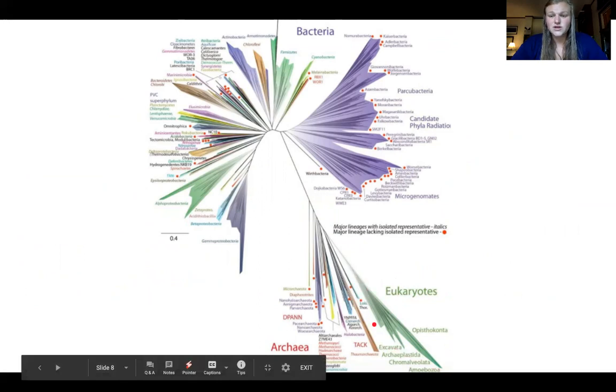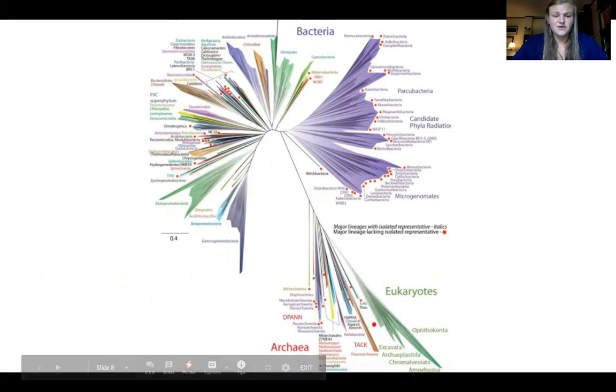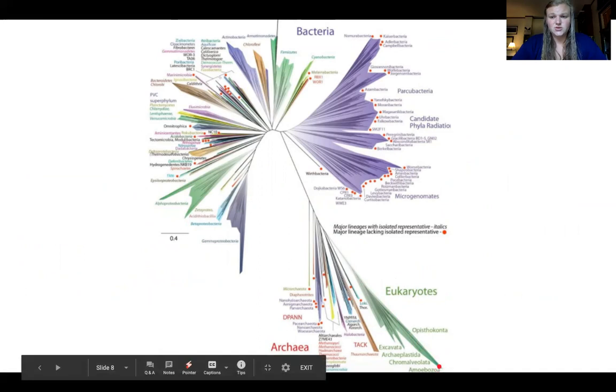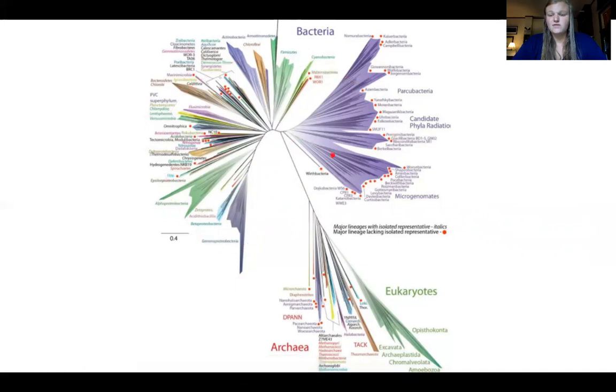Remember that eukaryotes are all plants, animals, fungus, all of that is wrapped up within eukaryotes. You can't even see humans on here. We've only got protists. And then bacteria makes up most of the tree. This is a lot of space taken up by bacteria.